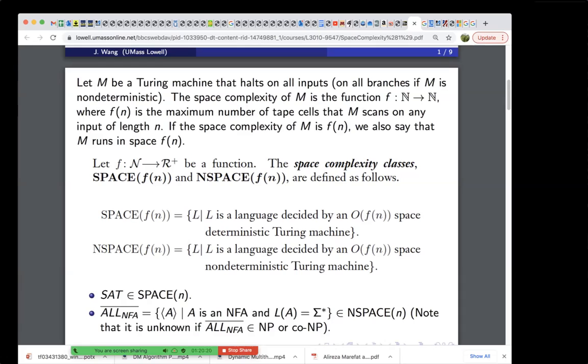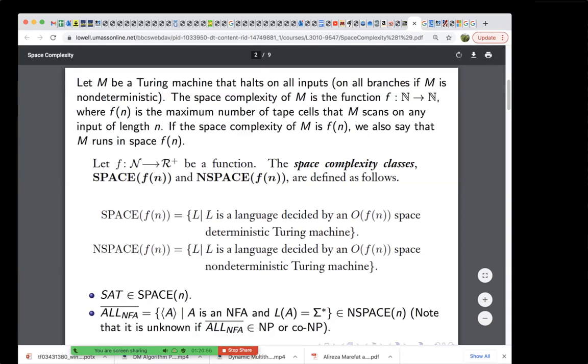For different inputs x with the same length, for some x you may use a smaller number of cells, and for other x you may need a larger number. So the maximum number of cells you ever need for an input of length n is the space measure, called f of n. That's what this means.